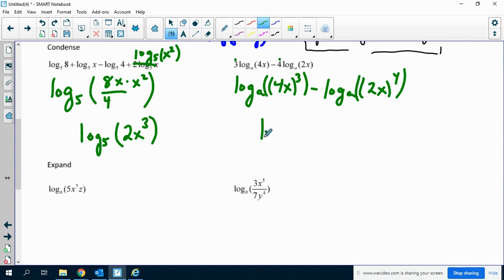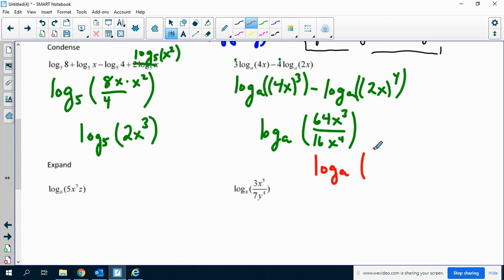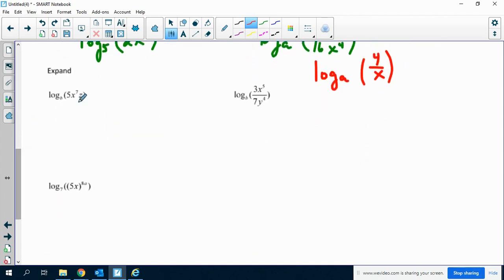So now I can simplify this. Log base a of 64x cubed over 16x to the fourth. And then I can write a final answer, log base a of 4 over x. So that's just condensing. Now expanding is doing it in the opposite direction.